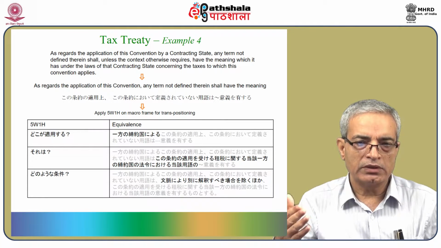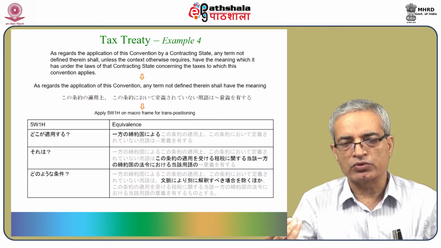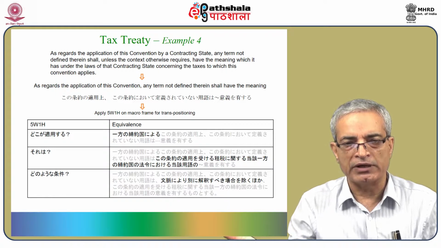Now what is shown here is that the highlighted or the clearly readable part is the answer to that question, whereas the other part is shown here. This is how the sentence is getting built up.